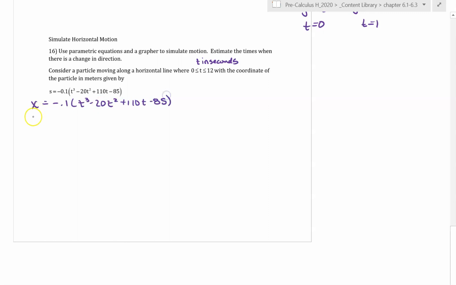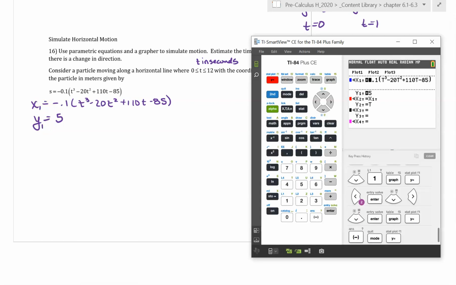I have two equations in my calculator, but I just typed it in advance. Let's let y equal 5. So 5 is actually quite arbitrary. I just chose a horizontal line to have the motion on that horizontal line, y equals 5.